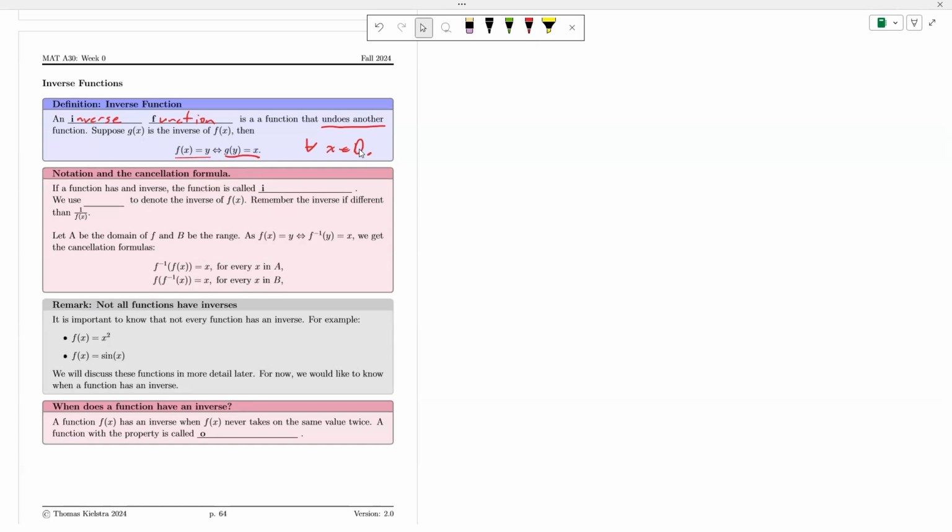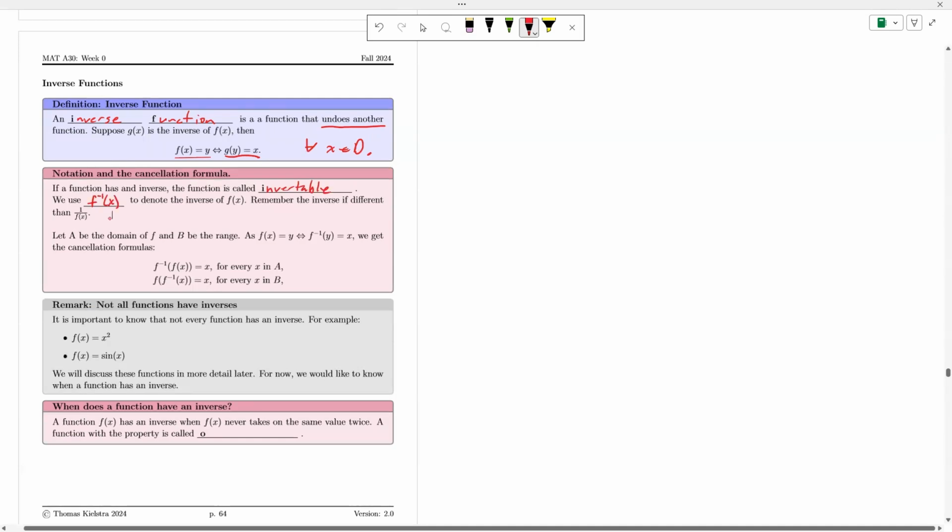If a function has an inverse, the function is called invertible. We use f to the minus 1 of x to denote the inverse of a function. Remember that the inverse is different than the reciprocal, or 1 over f. This here, this is my reciprocal.